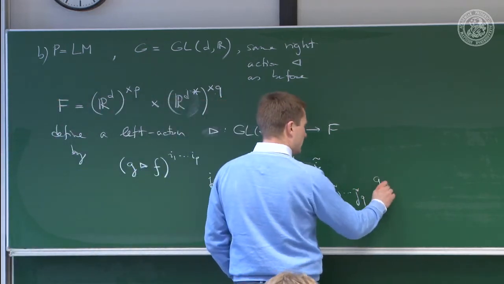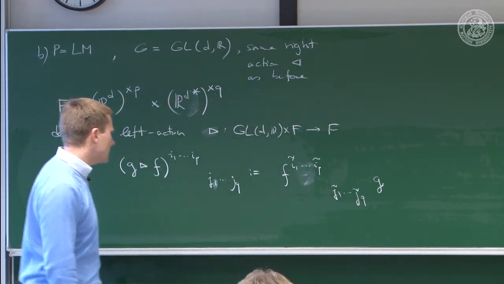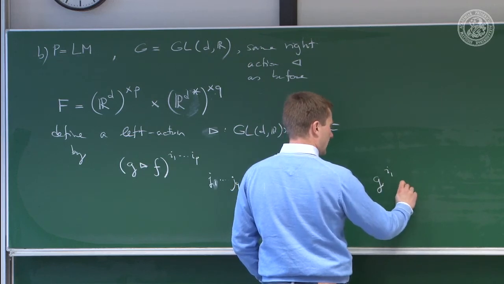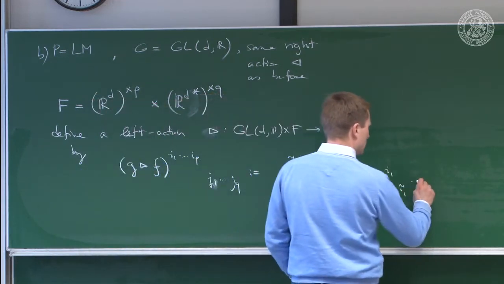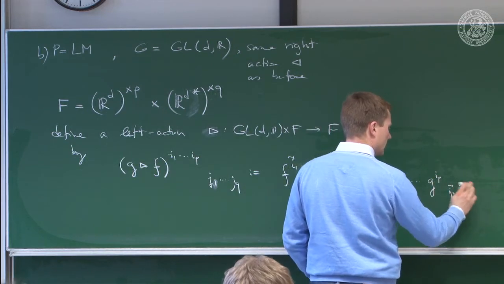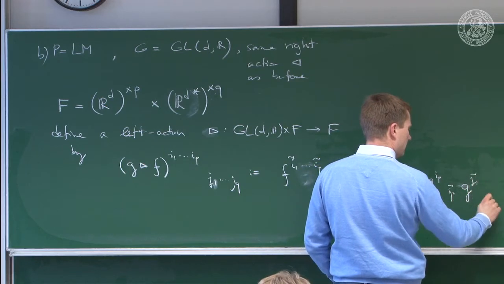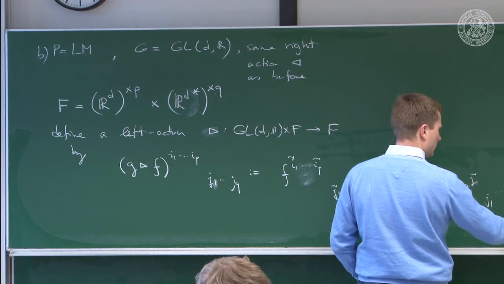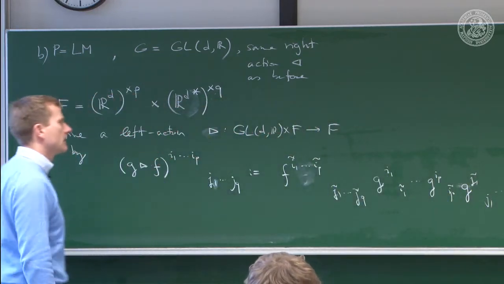And now every up index I transform by G, I1 twiddle to IP twiddle, and then J1 twiddle up, J1 down, to JQ twiddle up, JQ without twiddle down.